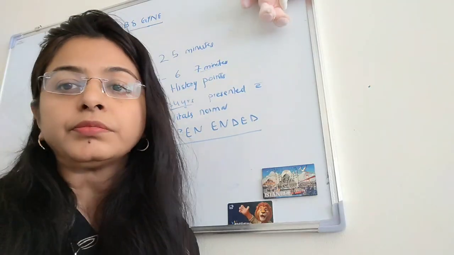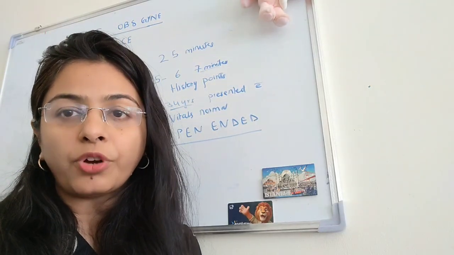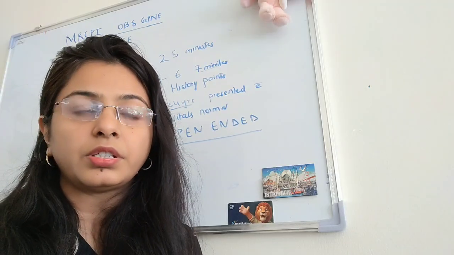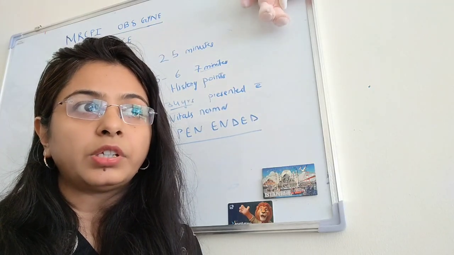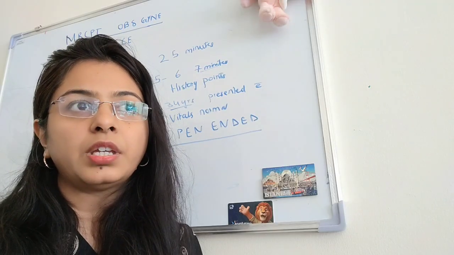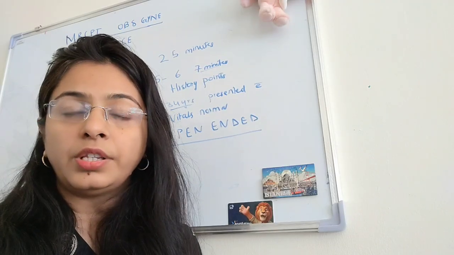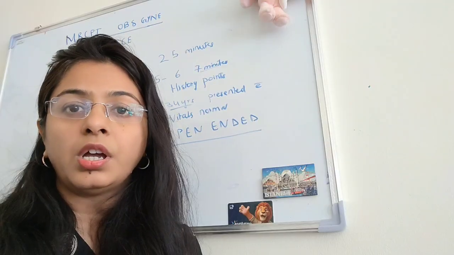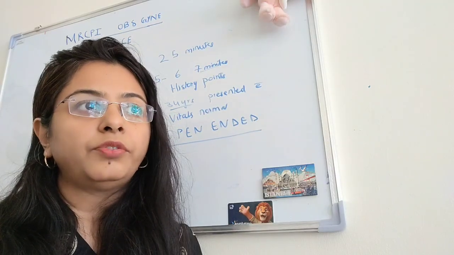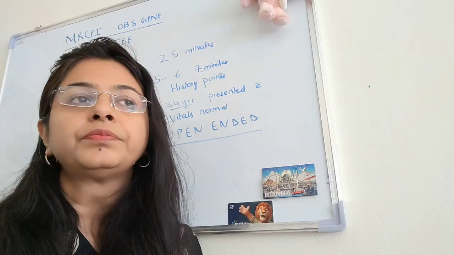For example, what I remember from my long case is that it was about endometrial hyperplasia with atypia, and the history given was obesity, diabetes, and family history of colorectal cancer.